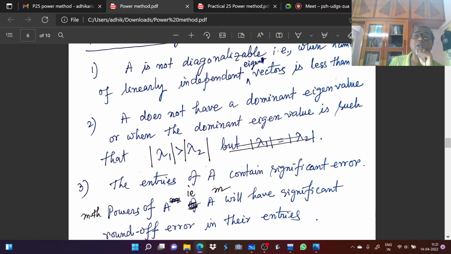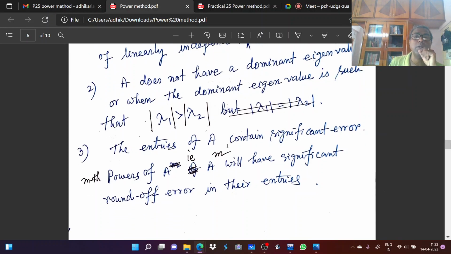Also, if A does not have a dominant eigenvalue, where dominant means modulus of lambda 1 is greater than modulus of lambda 2. At least one eigenvalue must be numerically greater than the other eigenvalues; this is the dominant or largest eigenvalue. Also, if the entries of the matrix A contain significant errors, the m-th power of A, that is A to the power m, will have significant round-off errors in its entries.